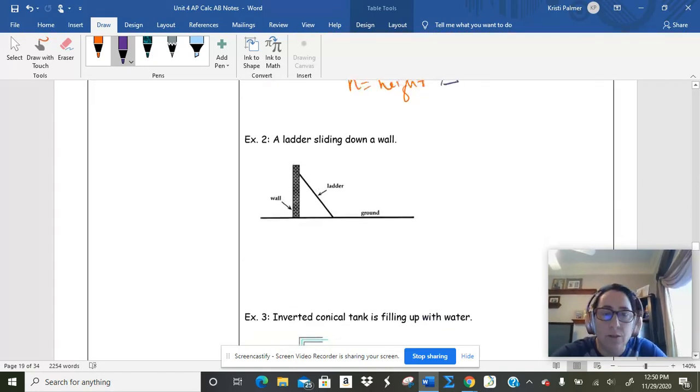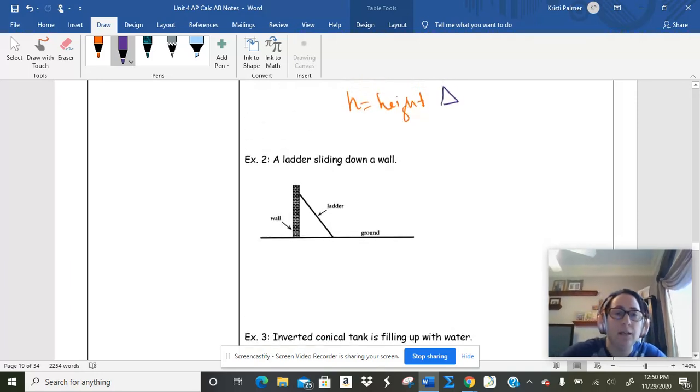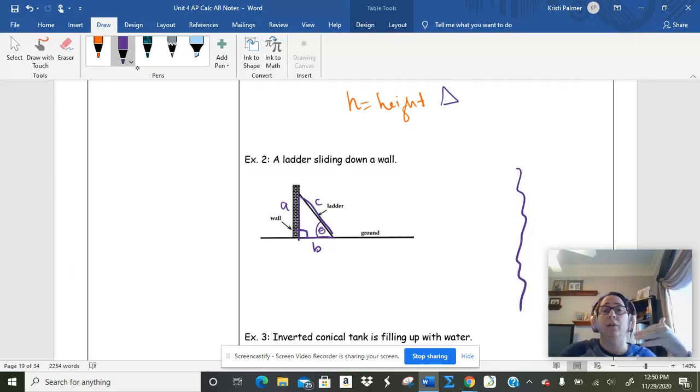Okay, so a ladder is sliding down a wall. This wall is making a 90-degree angle. So I have a couple options. Let's go ahead and call this A, B, C, and I'm going to call this angle theta. Here I have 2 things I can think of that are going to be happening.